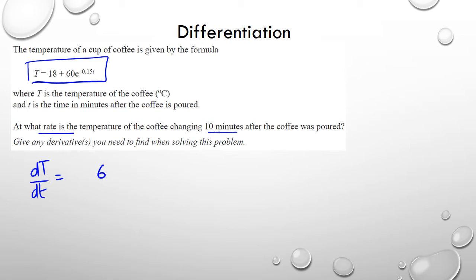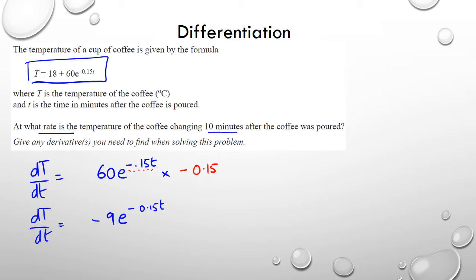Then we have 60e to the negative 0.15t multiplied by the differentiation of whatever the power is for e, in this case negative 0.15. So when we simplify this, we get dT over dt equals negative 9e to the power of negative 0.15t, and that's it.